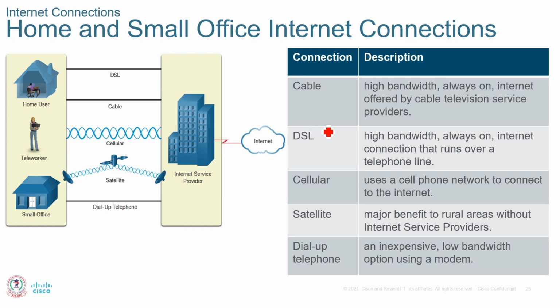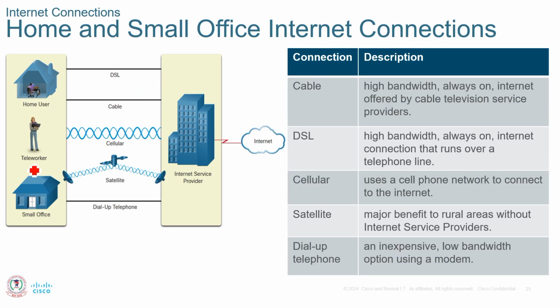These are different descriptions and advantages of the characteristics of the different technologies used to connect users to the internet. Because in a small home you can use cables and DSL.